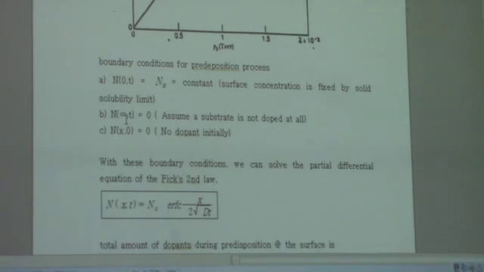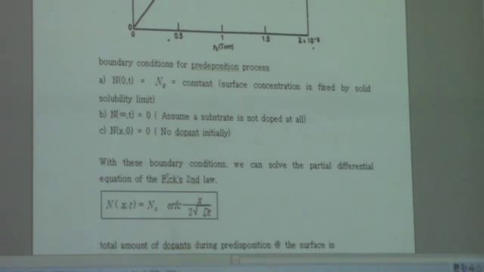So at the very far end of the silicon wafer, there is no dopant at all. We start out with zero concentration of the dopant atoms. We do not have any initial dopant concentration in the silicon wafer, so this is the initial condition. With 2 boundary conditions and 1 initial condition, we have 3 conditions.